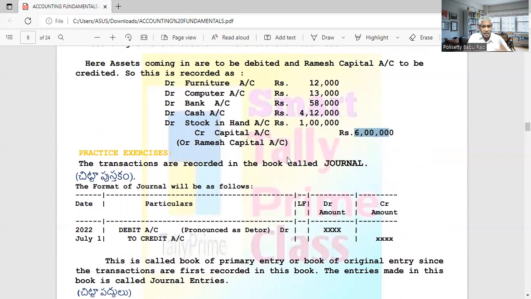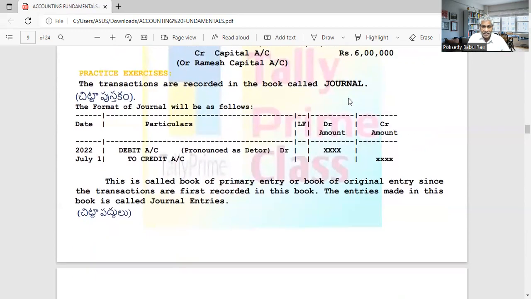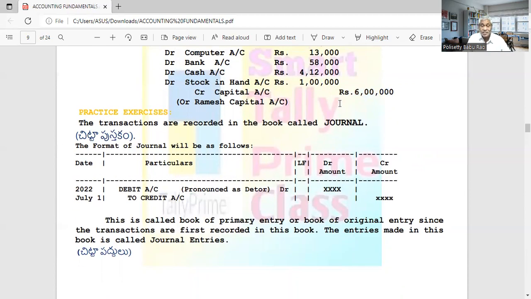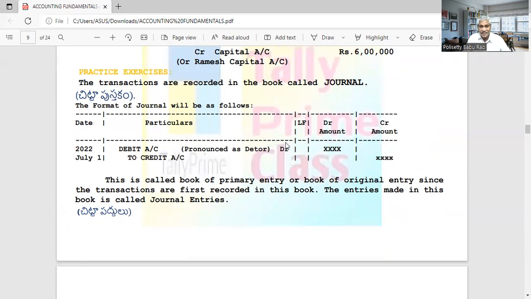I told you, we have to analyze the transaction, identify which account belongs to which type, and then decide which account is to be debited and which credited. That we decided. And then how this is recorded in the books. In the books means the manual books.